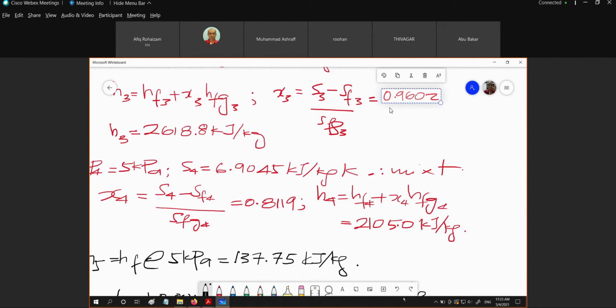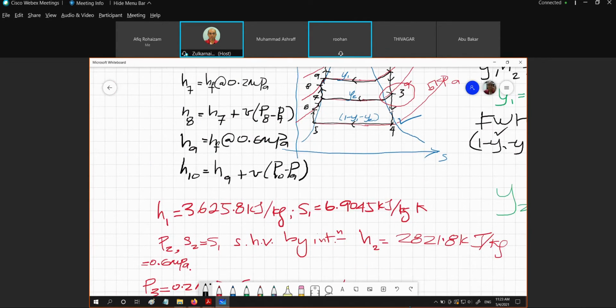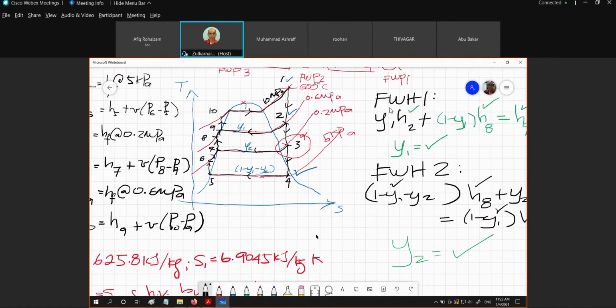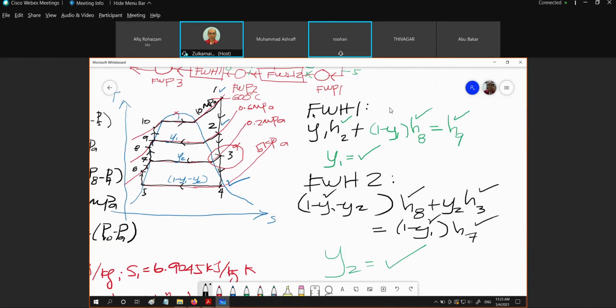Energy balance, energy in, energy out. For which water heater? The first one. You have H2, H8, and H9. So put in the values and get your Y1.